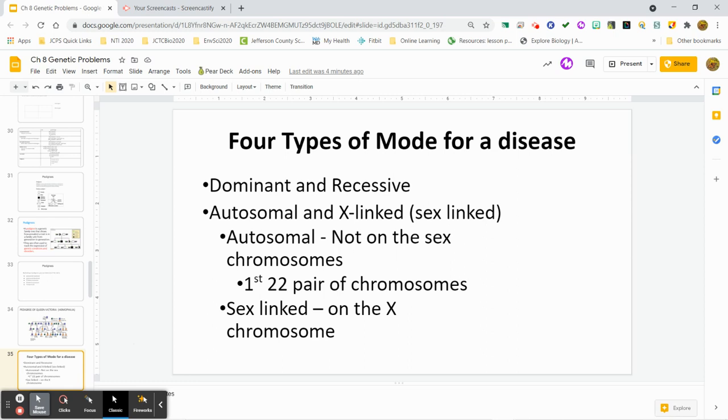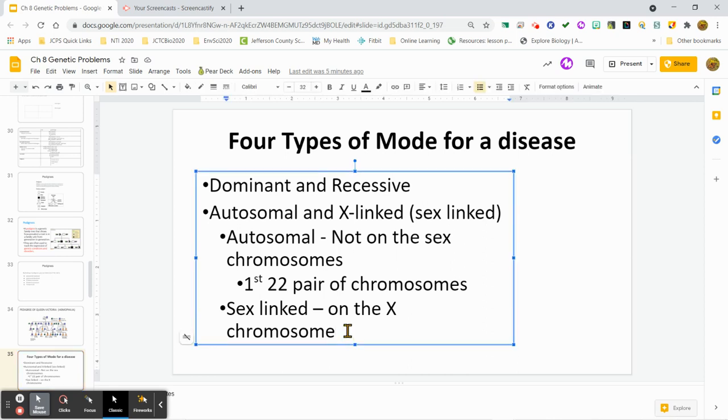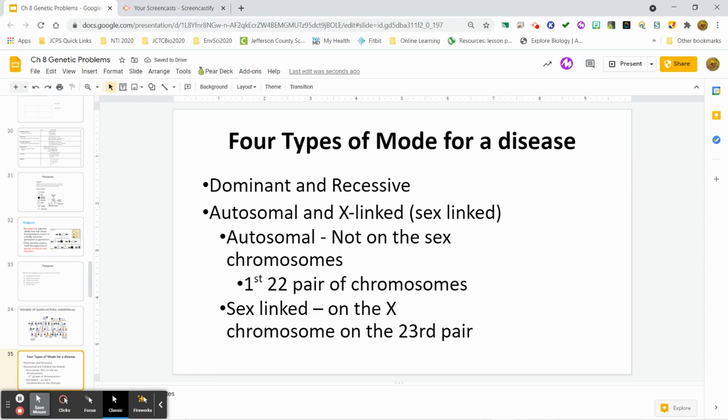There's dominant and recessive, and then there's autosomal and sex-linked. Autosomal is if they're not on the sex chromosomes, which I just showed you. That's the first 22 pair of chromosomes, and sex-linked is on the X chromosome, and that's on the 23rd pair. That's the 23rd pair that I showed you.